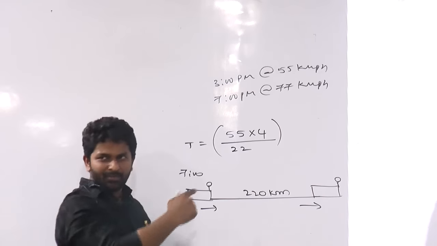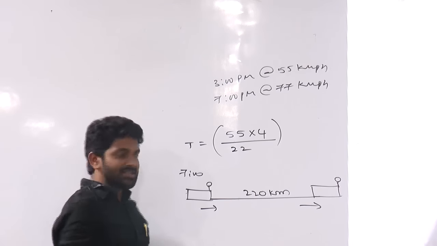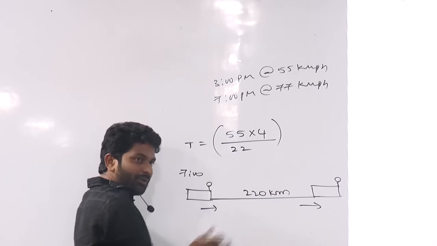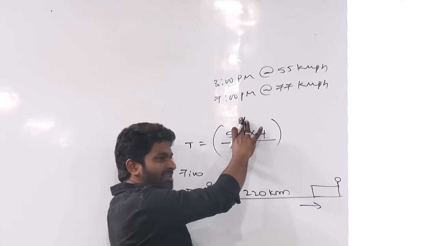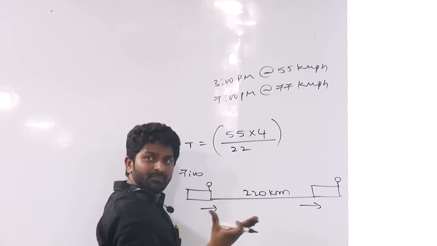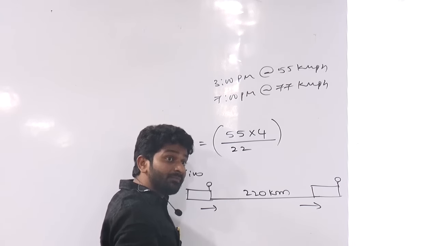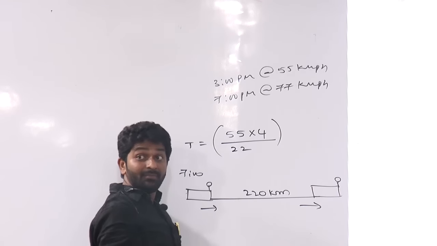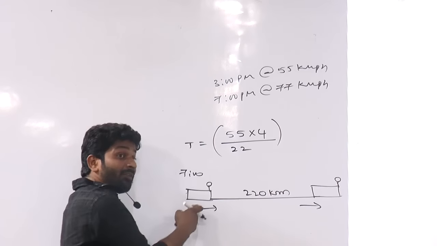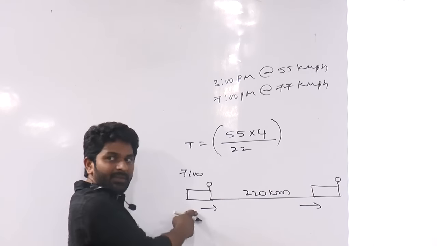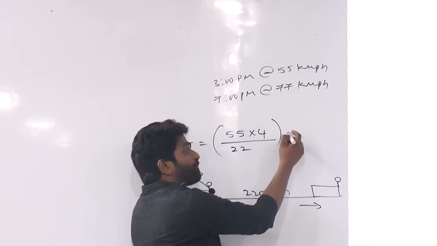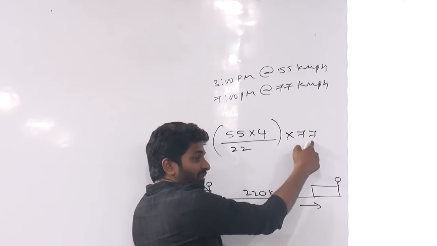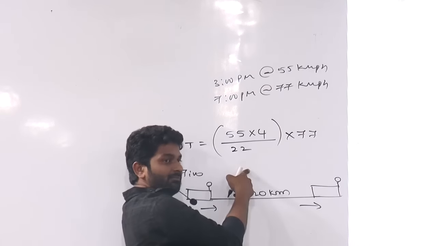But you are not asked about time. You are asked about distance. Distance is equal to speed into time, right? Yes or no? So it takes some time. Let's say X hours. X hours from where? X hours from the starting time of the super fast train, right? Yes or no? And whose speed is 77 km per hour? Speed 77 km per hour into time.